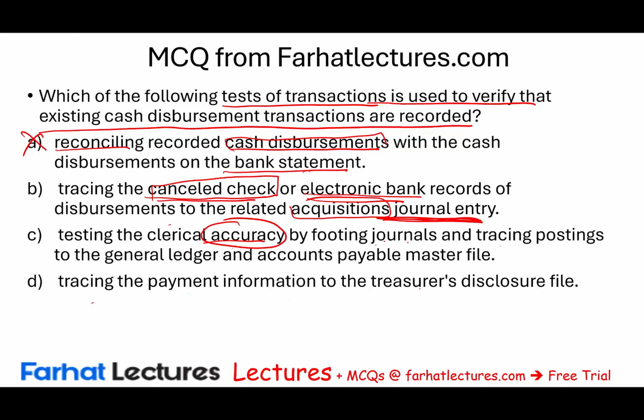D, tracing the payment information to the treasurer disclosure file. Disclosure is making sure that if there's any disclosure, it's being disclosed appropriately. So this has to do with disclosure. So B is the best answer choice because you're looking at the checks and making sure that payment is actually recorded in the records. So this is to verify that cash disbursements are recorded.